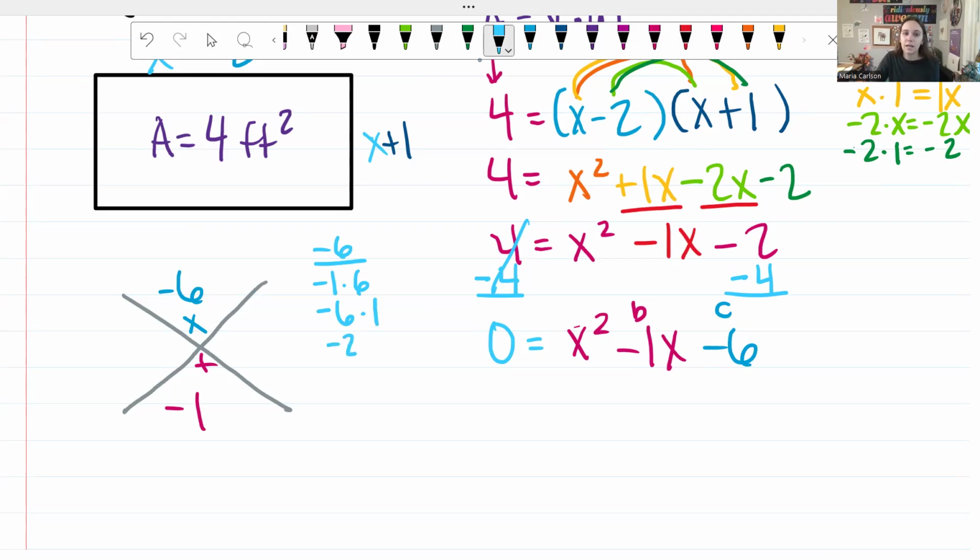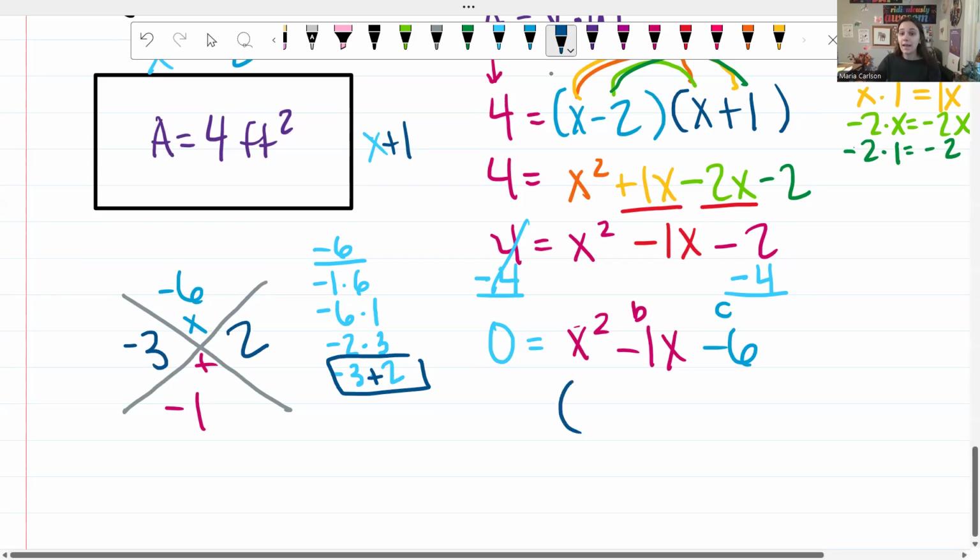We have negative 2 times 3, and negative 3 times 2, right? Only one of them has to be negative. And if I look at the sets, which one will add to negative 1? And that is negative 3 plus 2. Negative 3 plus 2 gives me negative 1. So negative 3 and positive 2 are my x factors, which we can use to factor.